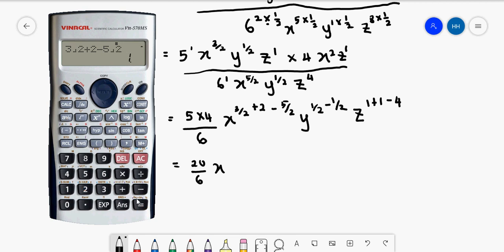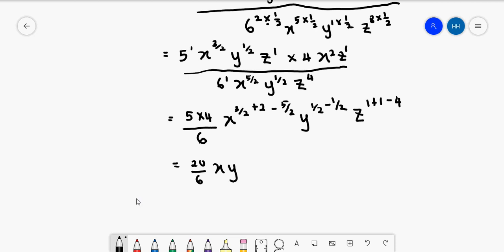So x power 1. If it is power 1, you don't have to write any number here. And then y to the power of 1 over 2 minus 1 over 2 is power 0. If it is power 0, you must write power 0. If it is power 1, you don't have to write. And then z to the power of 1 plus 1 is 2, 2 minus 4 is negative 2.